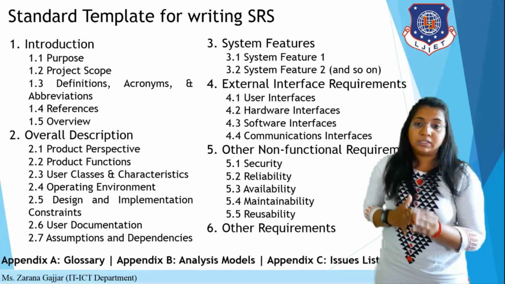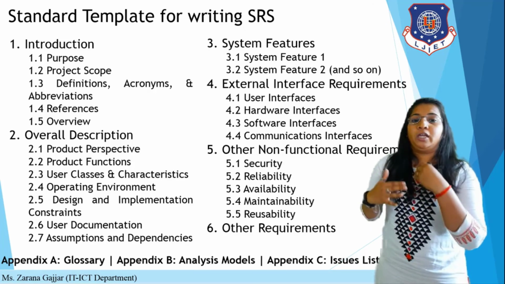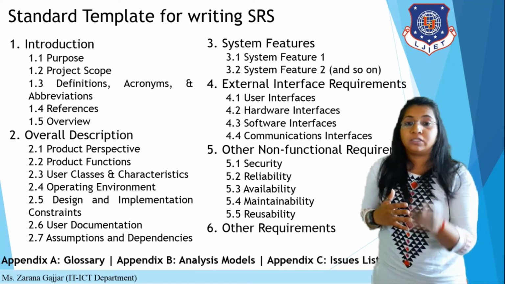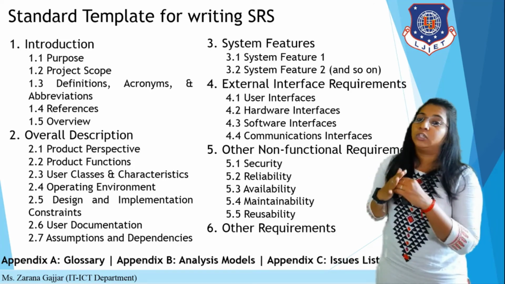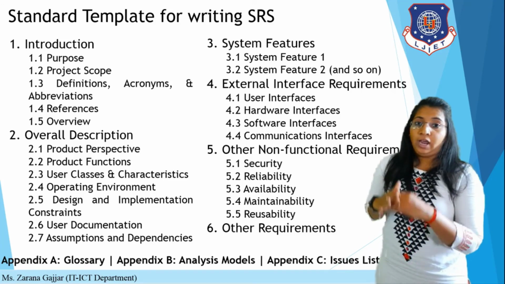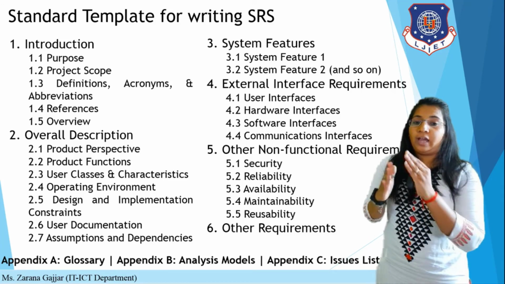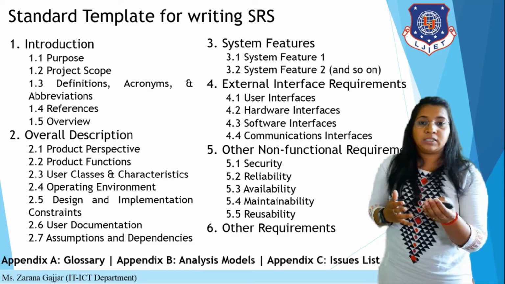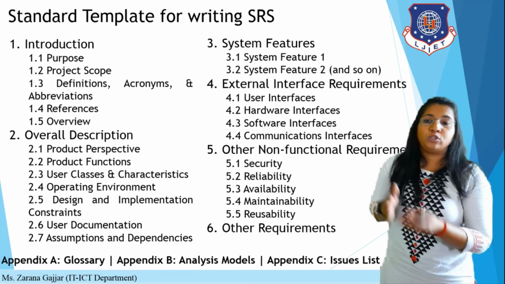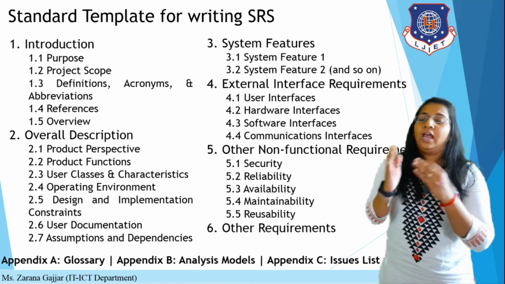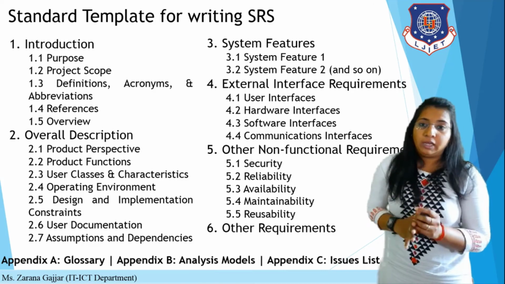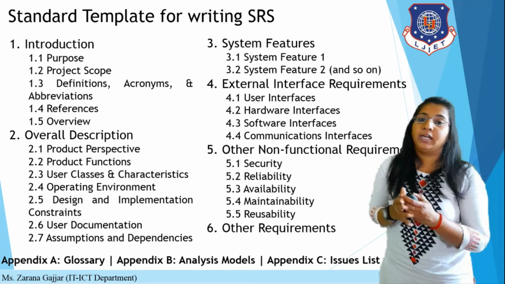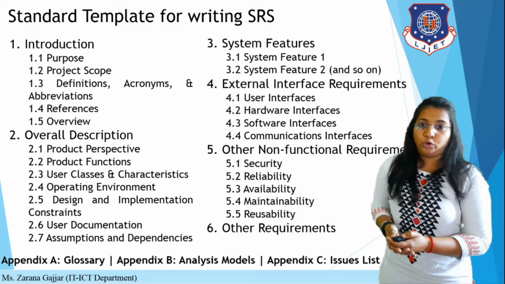And other requirements, like any other requirement, such as any human person or any external references you are using, will be mentioned in this section. And at last, you all know that every book has an appendix, that means glossary, then analysis, then issue list. So appendix A, B and C and all the references are given. So this is the basic and standard template for writing any SRS document.